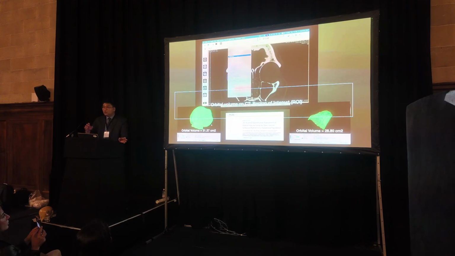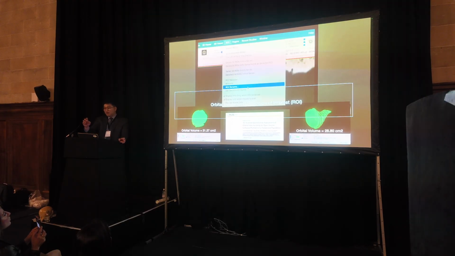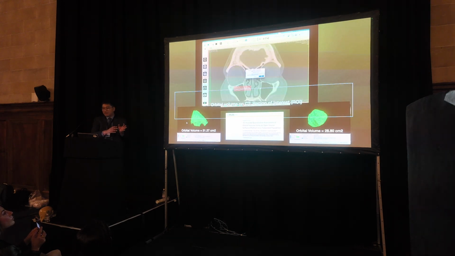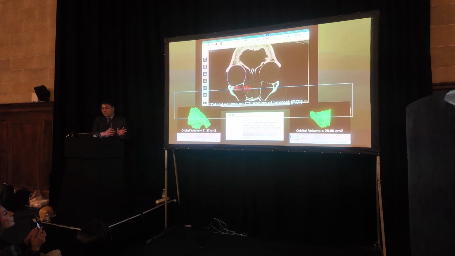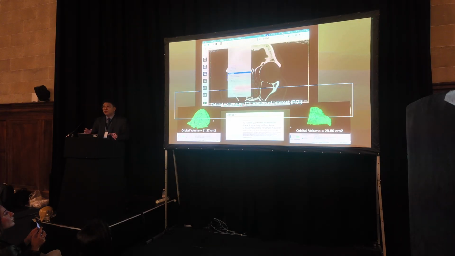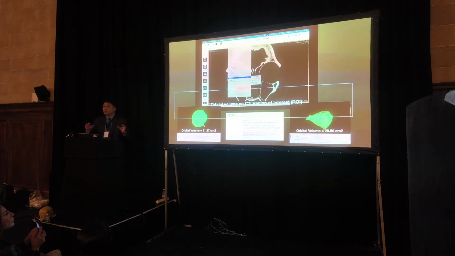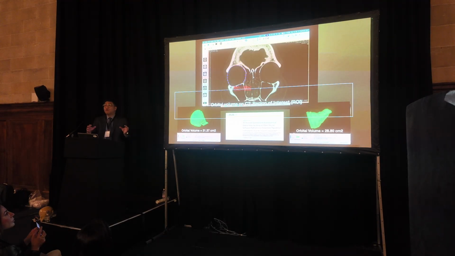And then you rename the region of interest. The application software is going to calculate from the back to the front. After you rename it, you just compute it. Go to ROI and compute volume, and the software will calculate the whole volume for us.